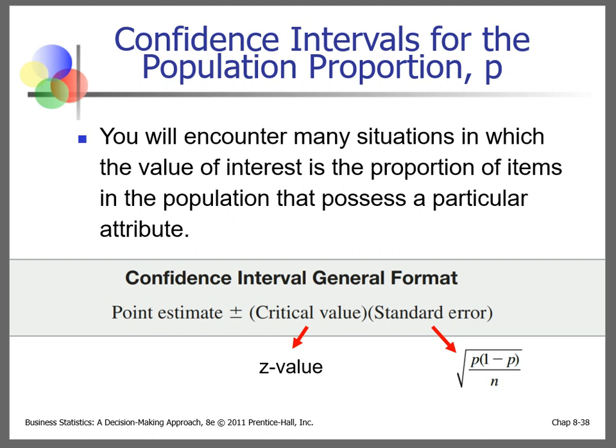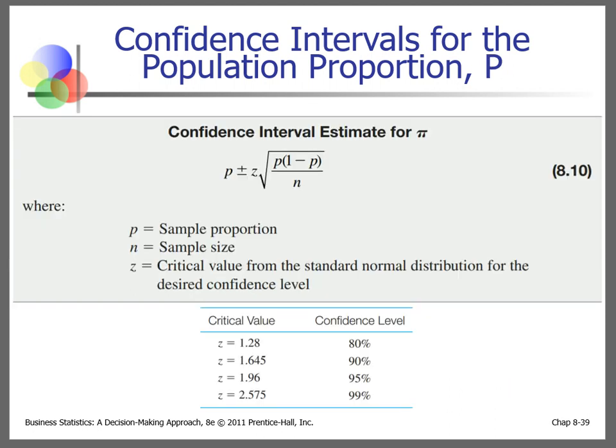In this case, from the confidence interval general format, the critical value can be taken from the z-value and the standard error as the square root of some equation. Equation 8.10 shows the formula for computing the confidence interval estimate for the population proportion.